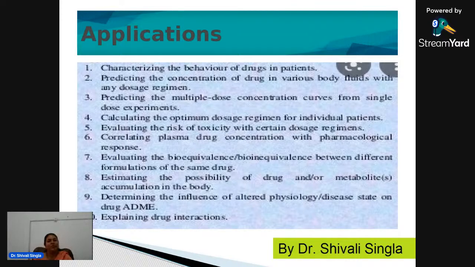The next main application is estimating the possibility of drug and metabolite accumulation in the body. Drug can accumulate in the body, or metabolites can accumulate in the body. Both are toxic to our body.